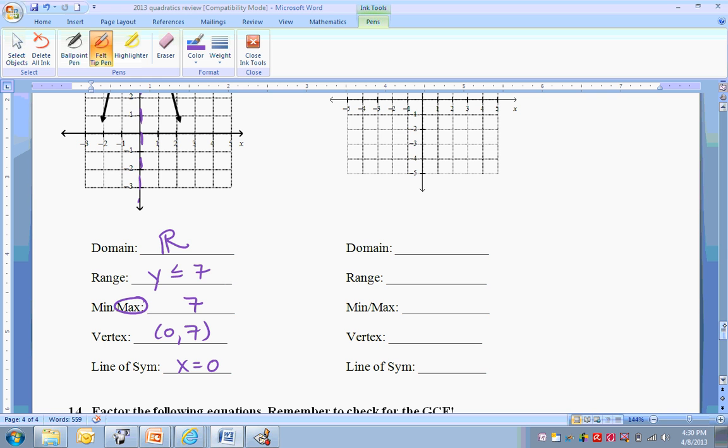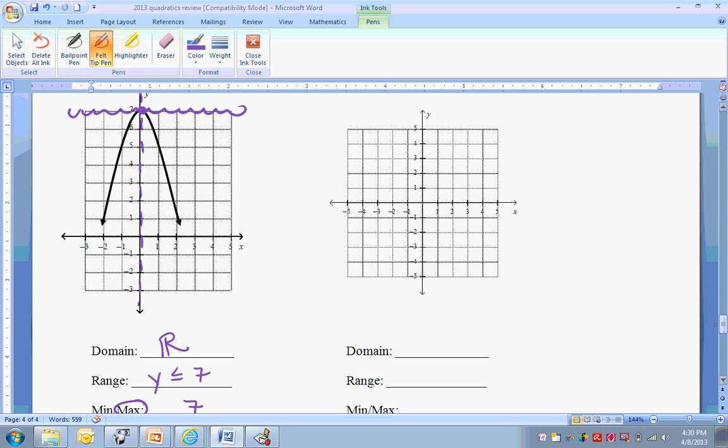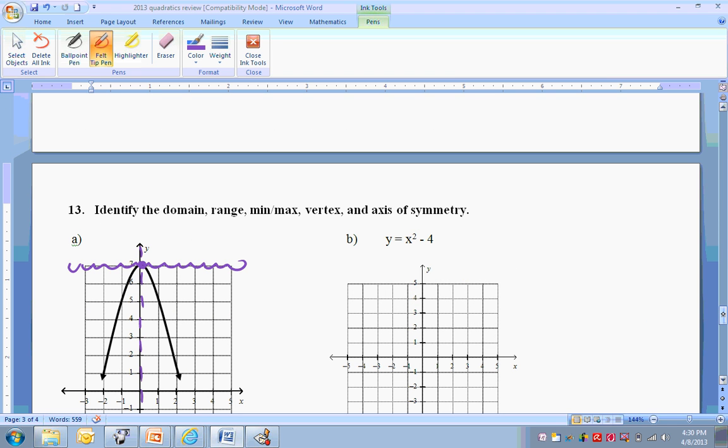Okay, looking at the second graph, we need to graph it. So it says y equals x squared minus 4. Well, remember, our parent function is y equals x squared.